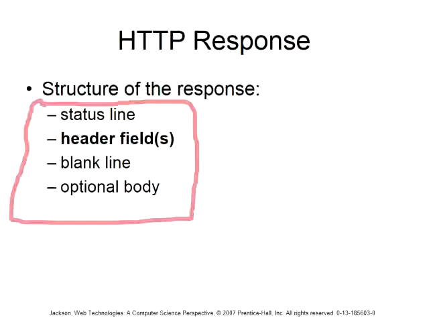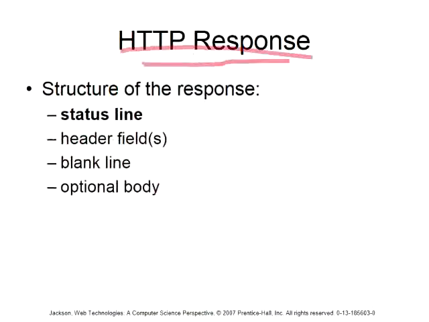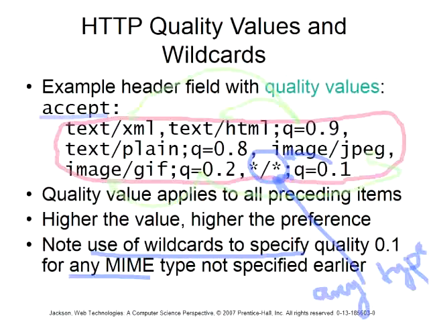Yes. So we can find optional body in the HTTP request and the HTTP response. We can find blank line in the HTTP request and in the HTTP response, and also we can find header fields.